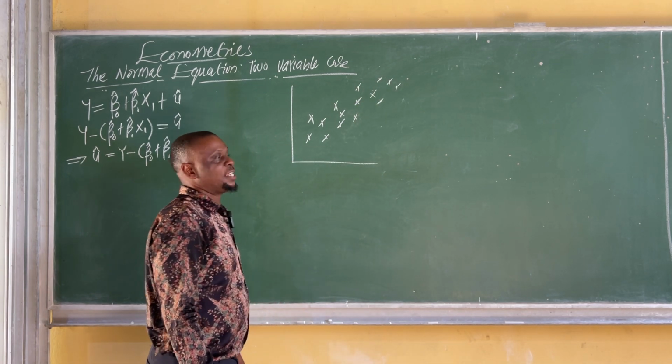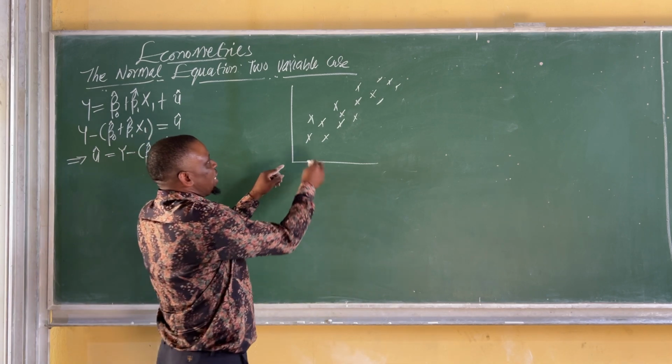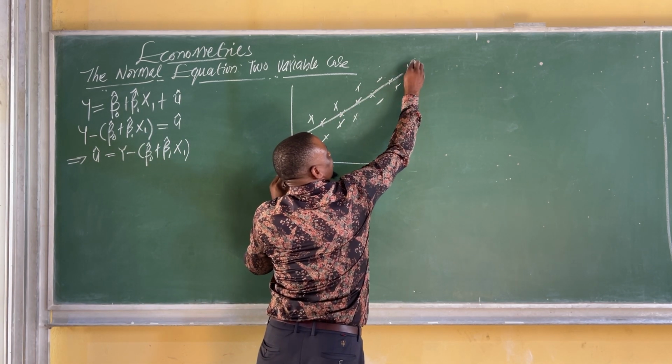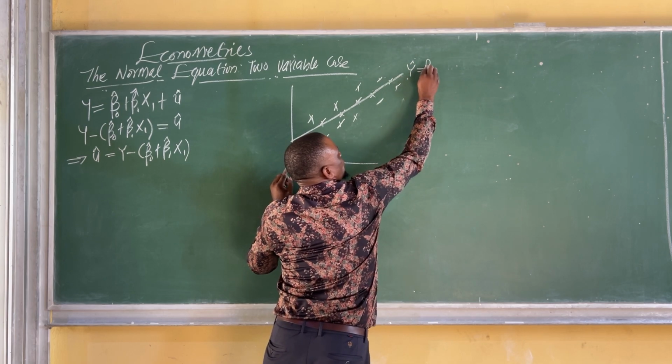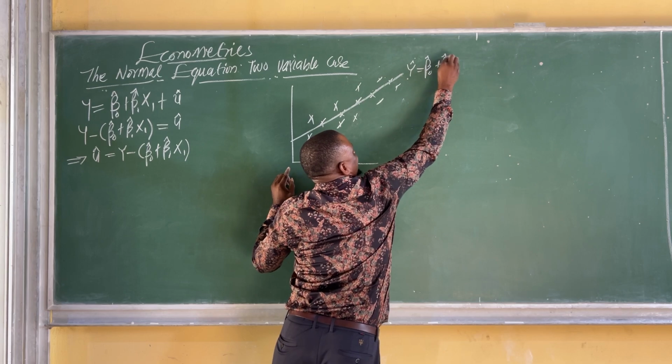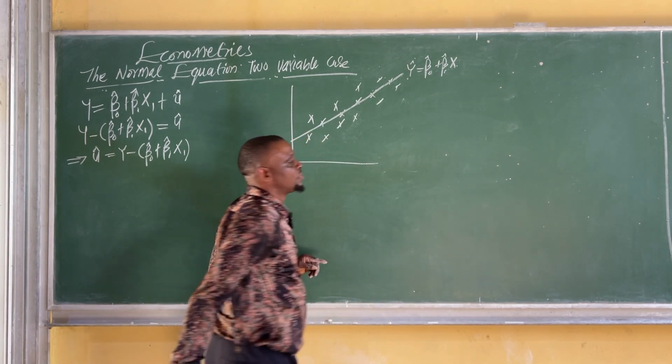If we have the data like that, now the fitted line might be something like this. Call it y hat is equal to beta 0 hat plus beta 1 hat x1.